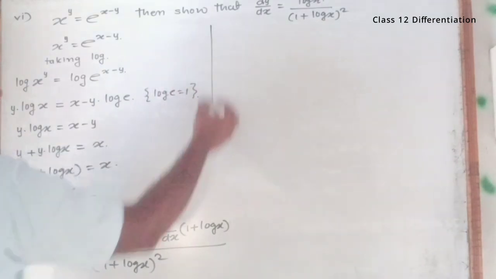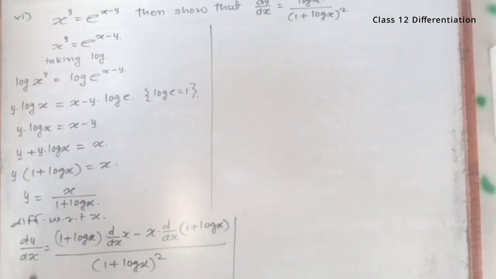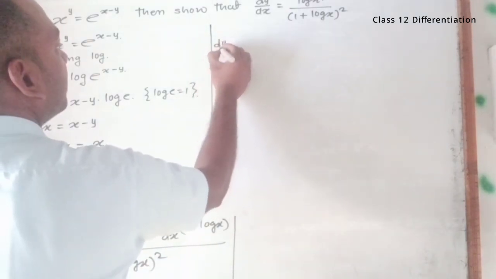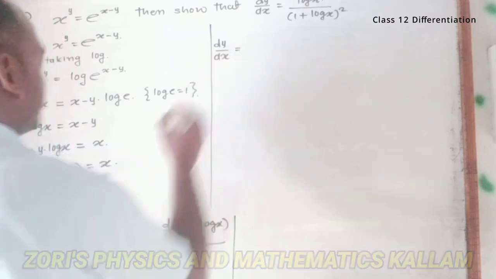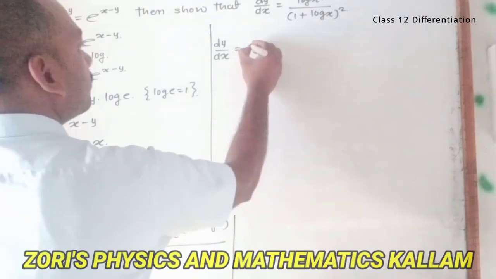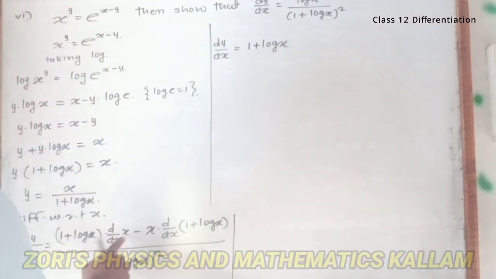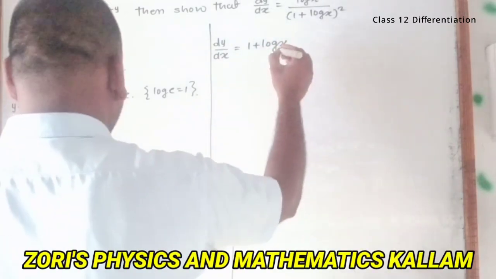Now solve this derivative here. So we have dy/dx = [(1 + log x) · 1, derivative of x is 1 here.